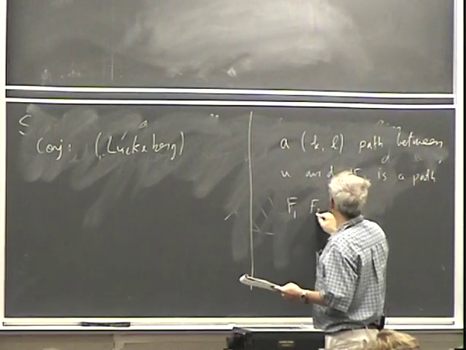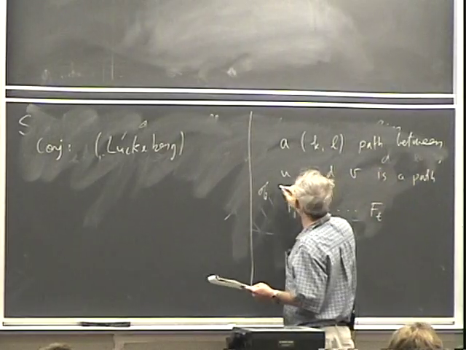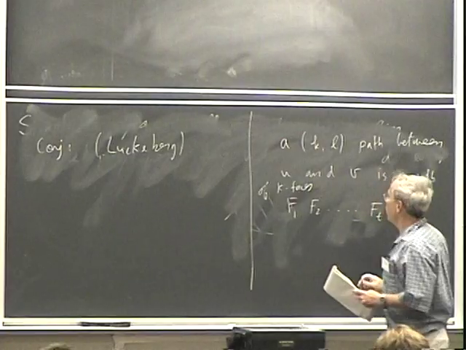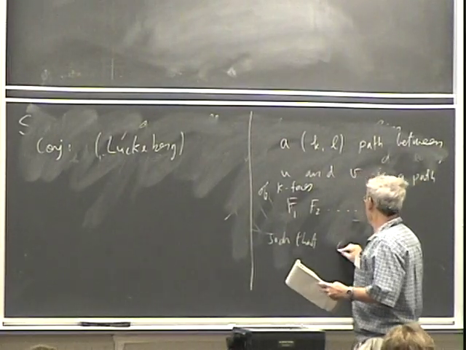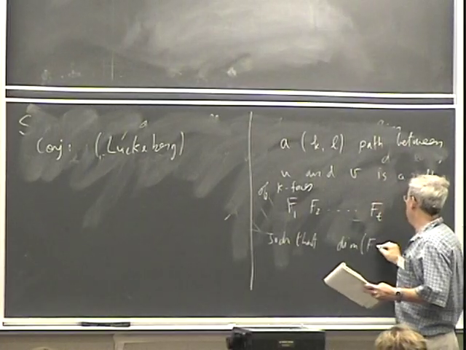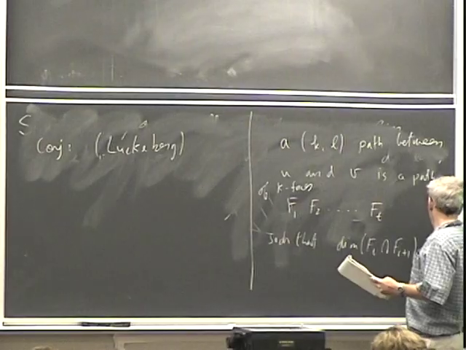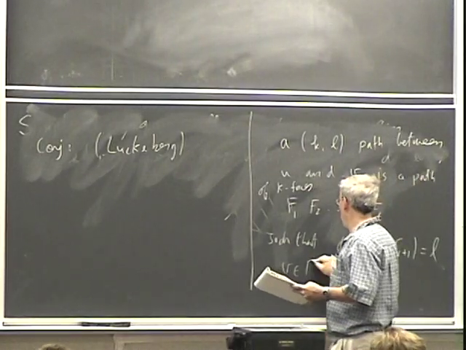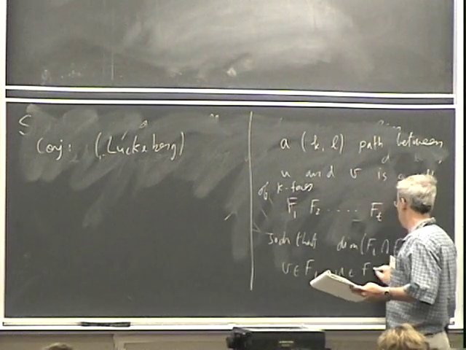a path of K-faces F1, F2 up to Ft, such that the dimension of Fi intersection Fi plus 1 is L, and V belongs to F1 and U belongs to Ft.